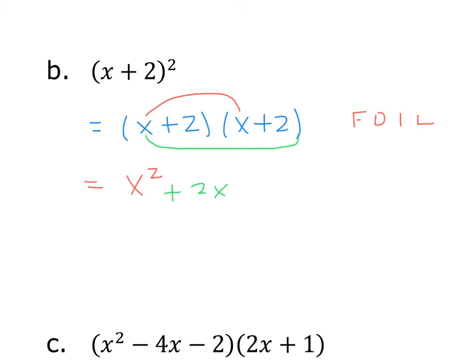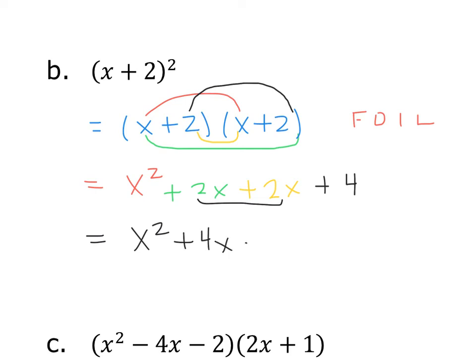So the inner terms are the two terms that are closest to each other in the two polynomials. So that's 2 times x, another plus 2x. And finally, last times last, we get 2 times 2, which is 4. First, outer, inner, last. And when we combine the middle two terms, 2x plus 2x, that gives us 4x. So we get x squared plus 4x plus 4.